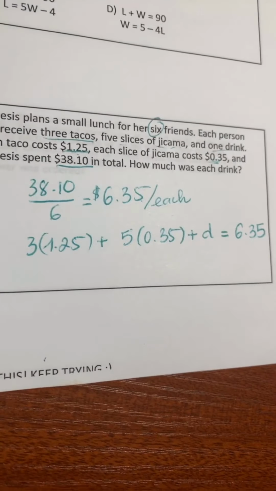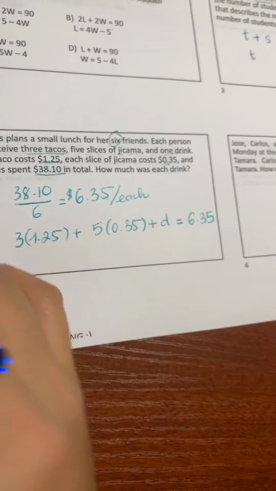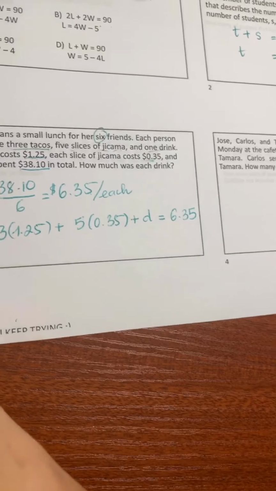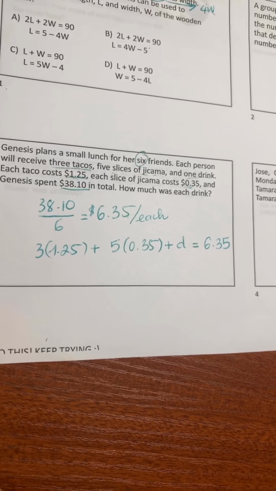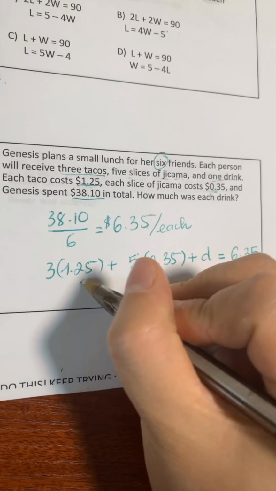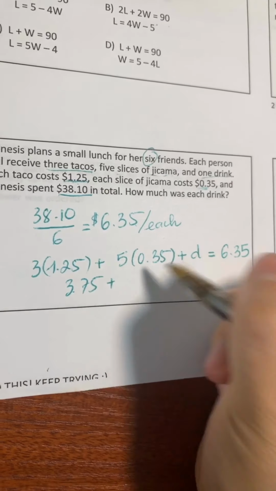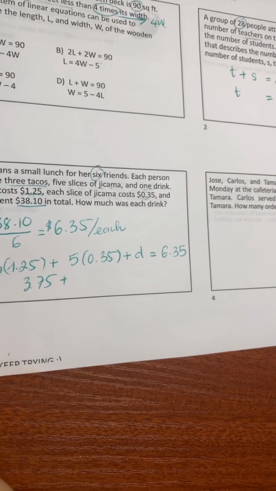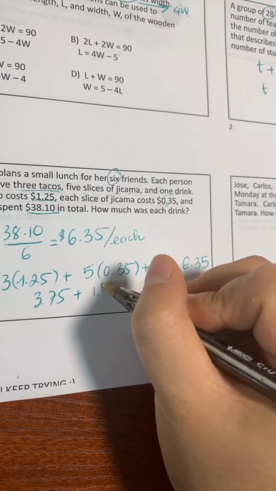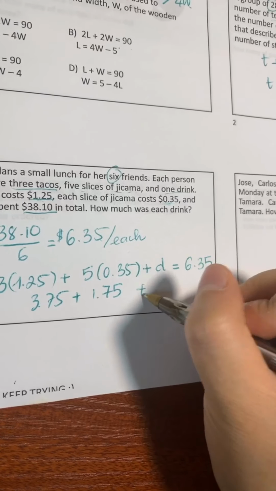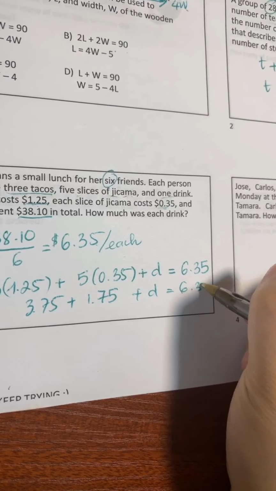So with simple multiplication, we can find out that the total money for tacos is 1.25 times 3, that's 3.75, plus 5 times 0.35, which gives us 1.75, plus D equals 6.35, right?